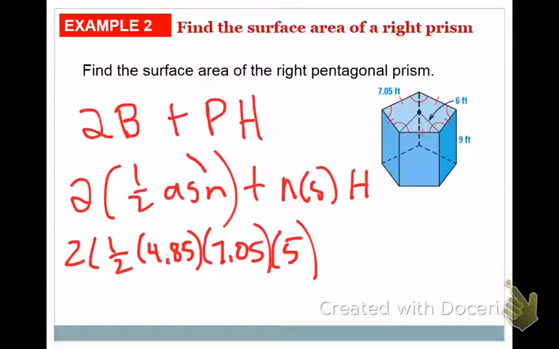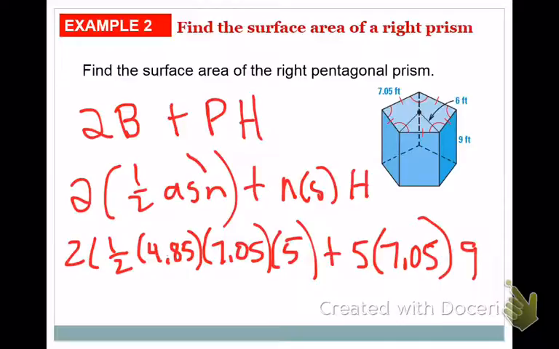Okay, plus, then we take the number of sides again, 5, times the side length, 7.05, times the height, 9. Everybody understand what I plugged in there? Any questions on that?